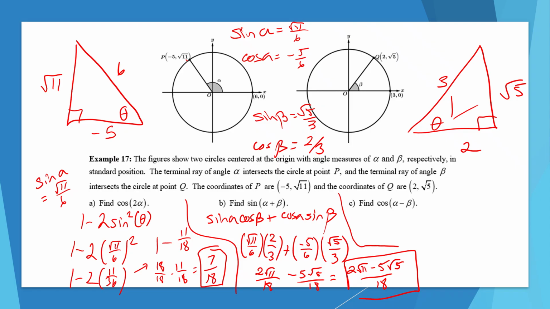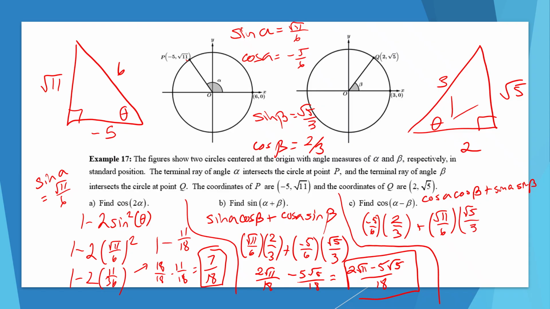Part C, this is going to be cosine of A minus B, which is cosine A cosine B, and then plus sine A sine B. So plugging that in, cosine A is -5/6 times cosine B, 2/3, plus sine A, √11/6, times sine B, √5/3.